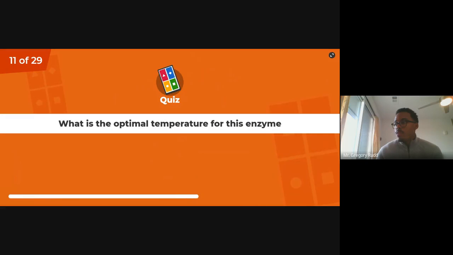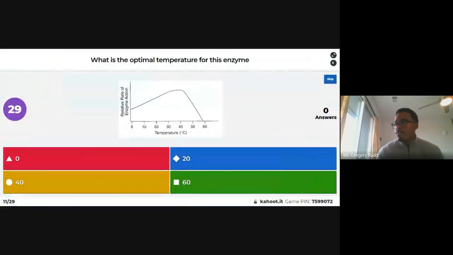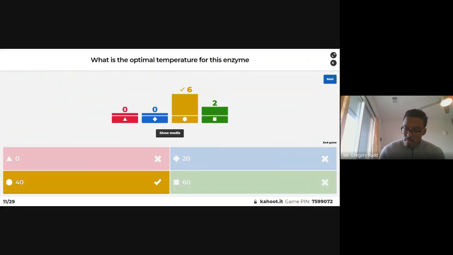What is the optimal temperature for this enzyme? Excellent.